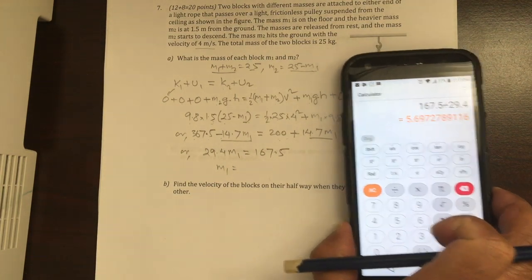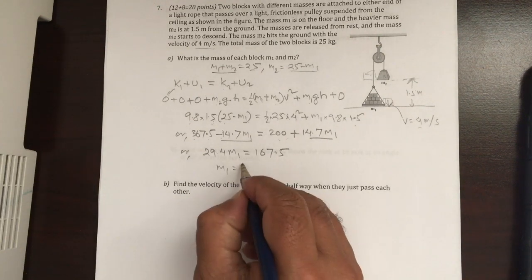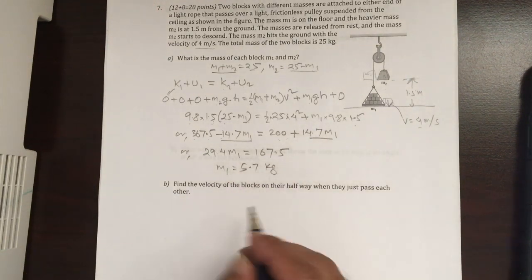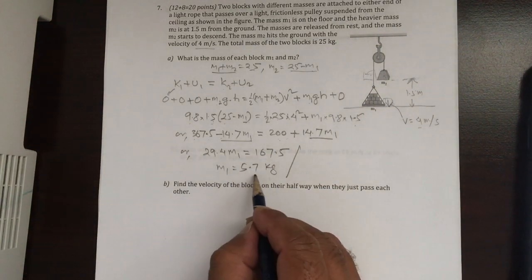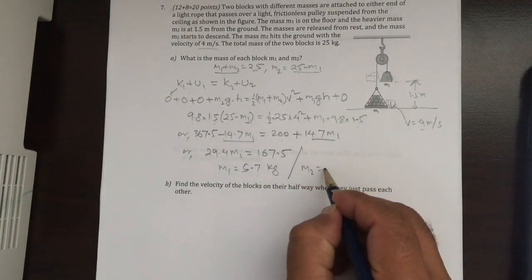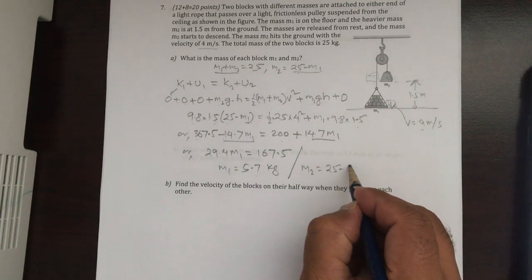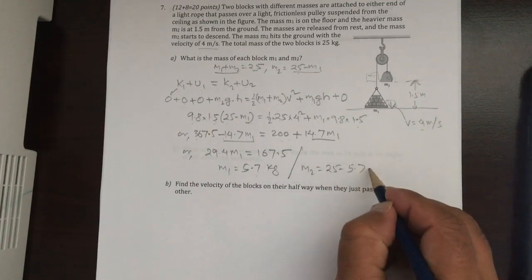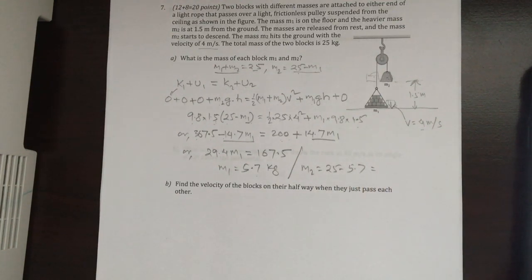That'll give me 5.7 kilogram. So if m1 is 5.7 kilogram, m2 will be 25 minus 5.7.